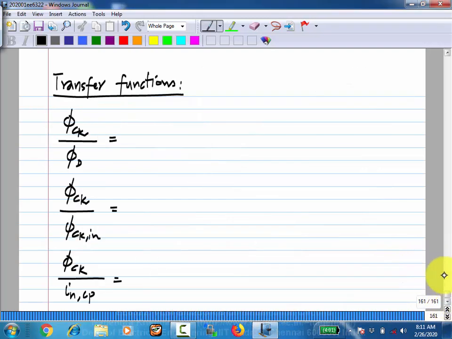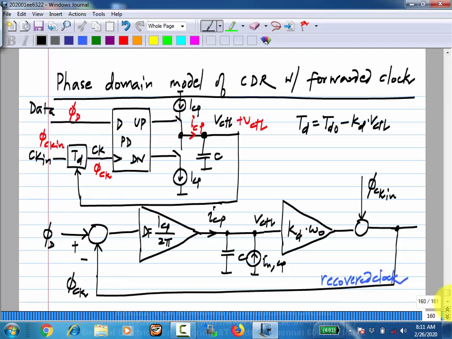So what are the answers? What is phi ck by phi d? You know the standard forms for negative feedback systems, right? In this case, the forward path has some gain, which is normally denoted by G in the control systems parlance. So that is transition density times ICP KD omega naught by 2 pi SC, right? And the feedback term H is just 1.